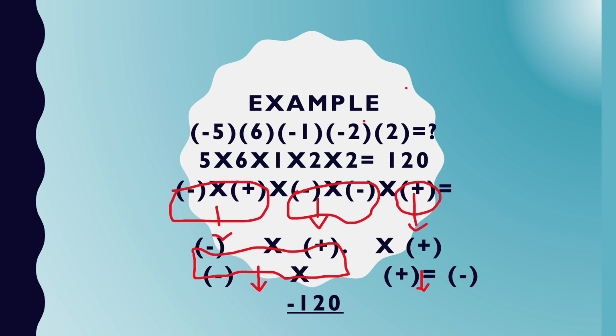Then again, you can see again there is a sign set. There's a minus, plus. What is the answer when you multiply the different signs together? Always the answer is minus.